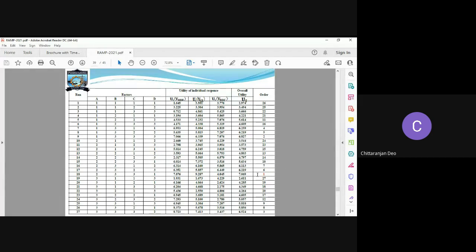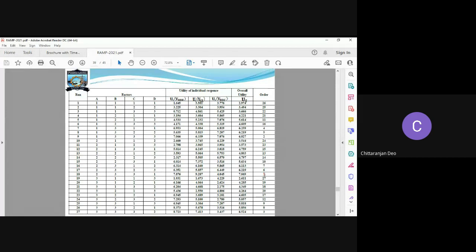And we are getting experiment number 18. Experiment number 18 appears as rank 1.